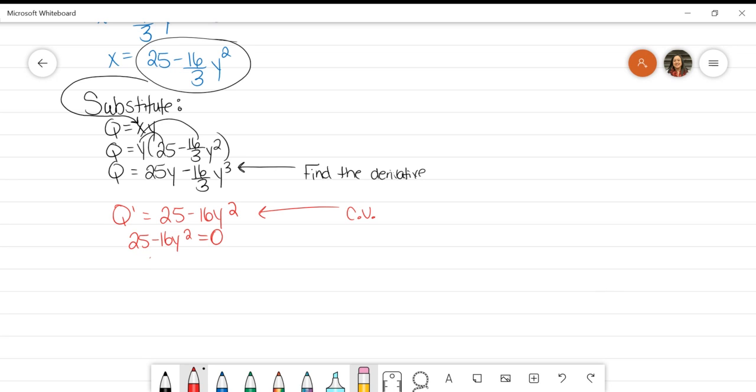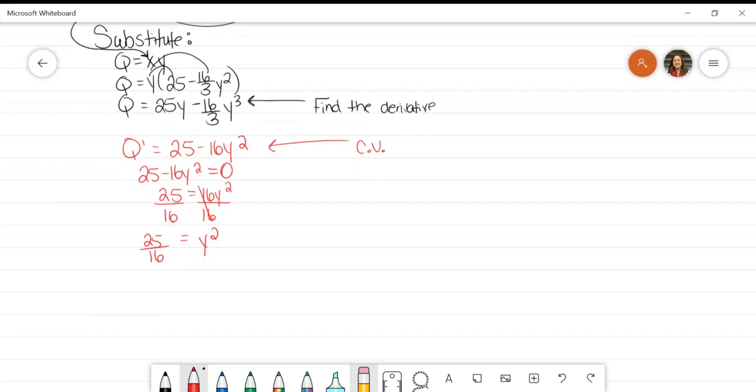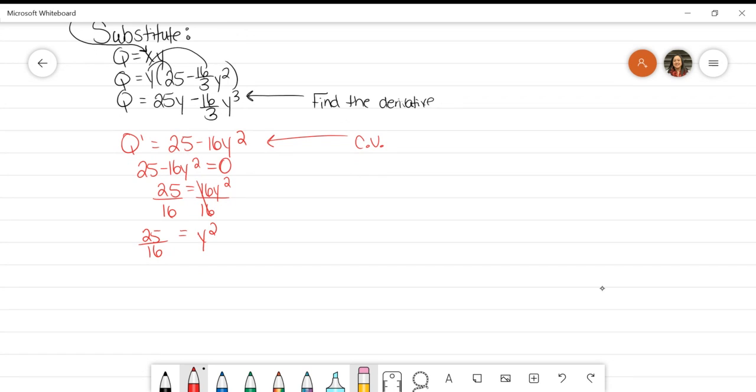So what I would probably do is bring that negative 16 across, which would give me a positive 16 y squared. Divide both sides by 16. Y squared is going to be equal to 25/16. And I want to get rid of that squared, so I'm going to take the square root of both sides.